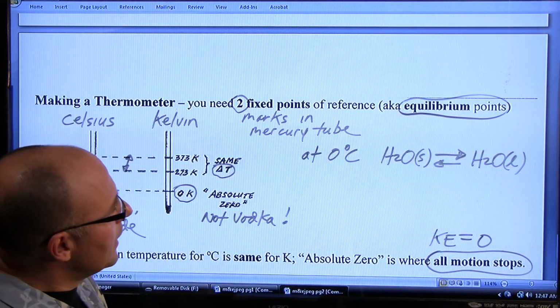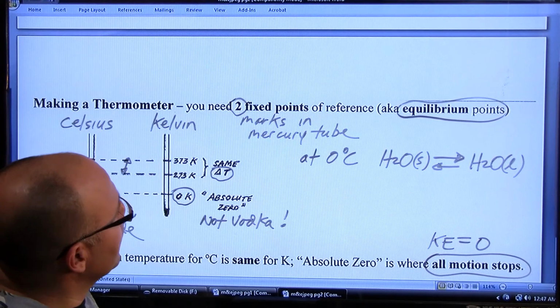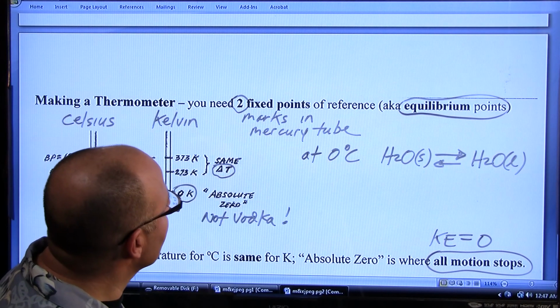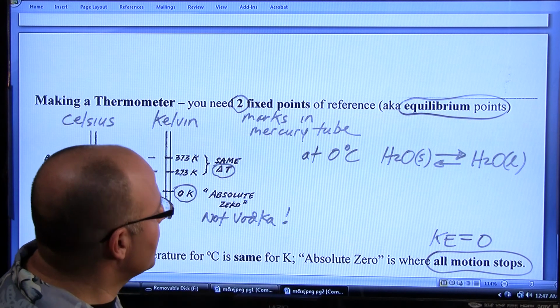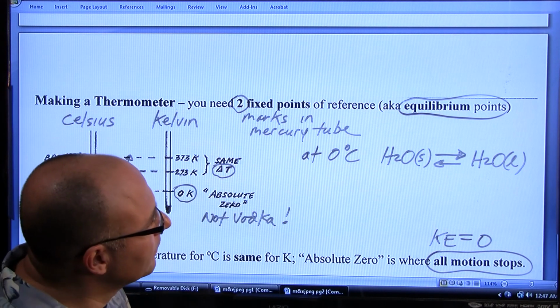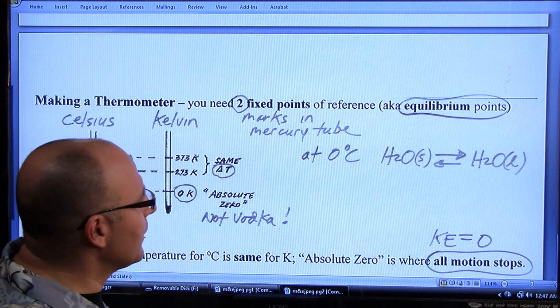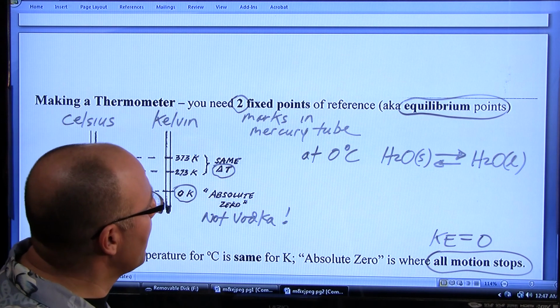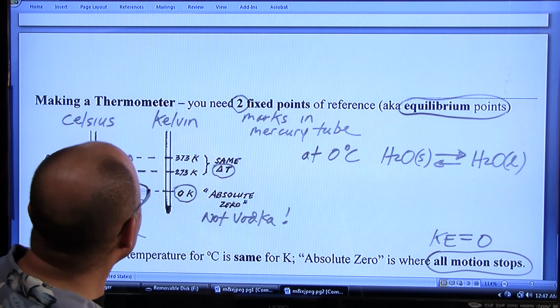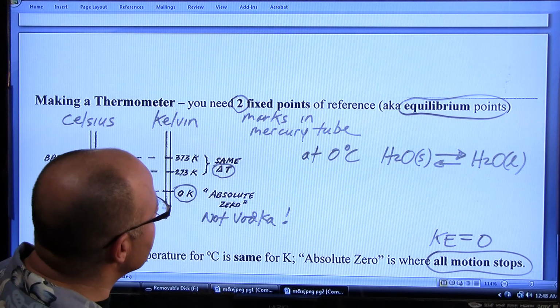So 0 degrees Celsius is not only the melting point of ice, it's the freezing point of water. So where you have both states coexisting, it's known as an equilibrium point. We'll talk more about equilibrium in terms of rates when we get to that unit. But for now, think of the marks on the mercury tube as equilibrium points.